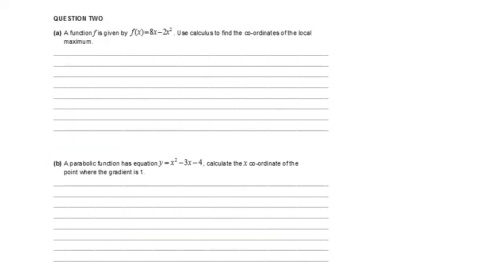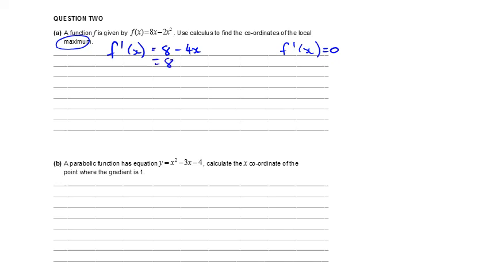Next one, function calculus used coordinates of the local maximum. This one, by differentiating it, I'm almost at an achieved. Local maximum is when the gradient equals 0.